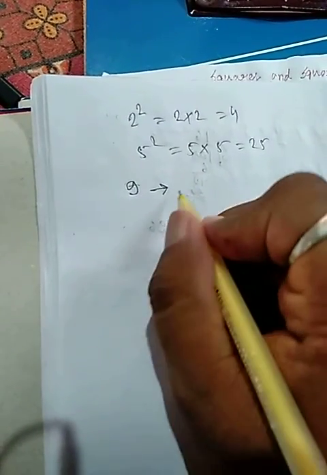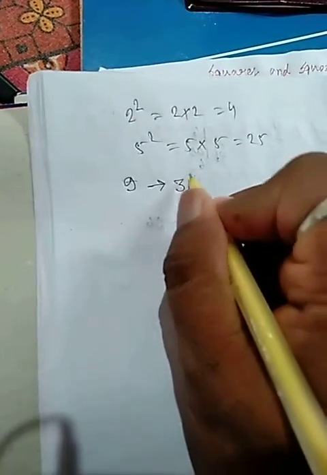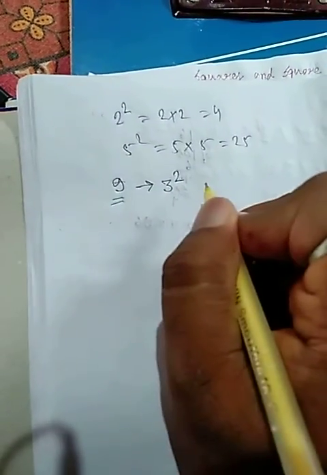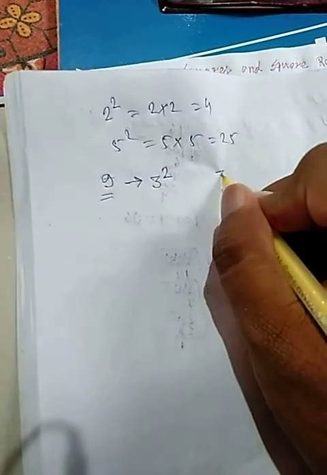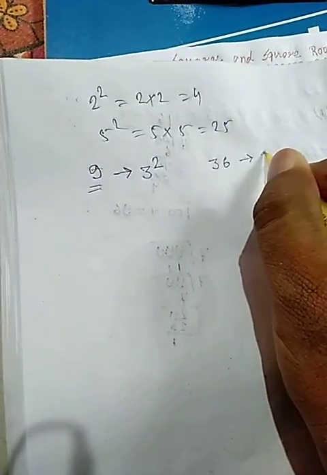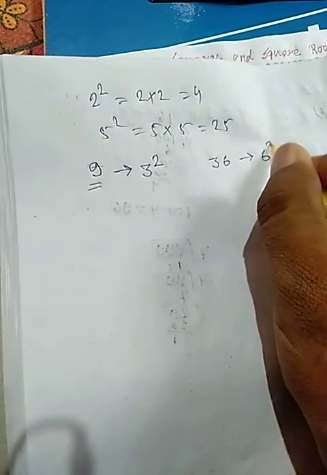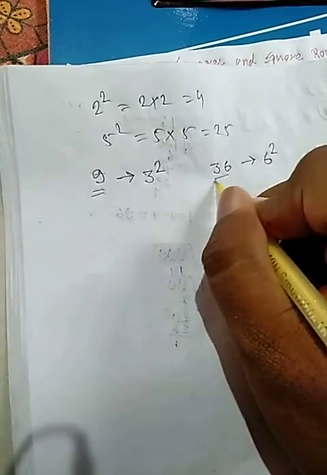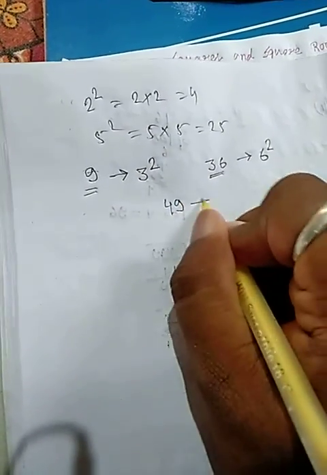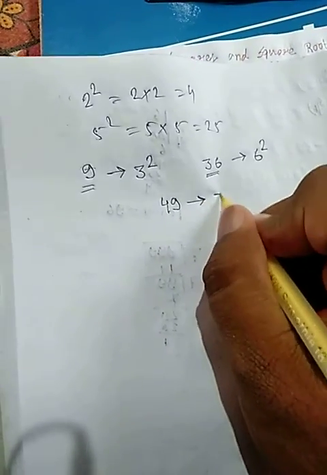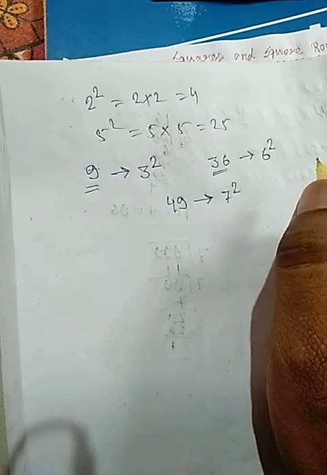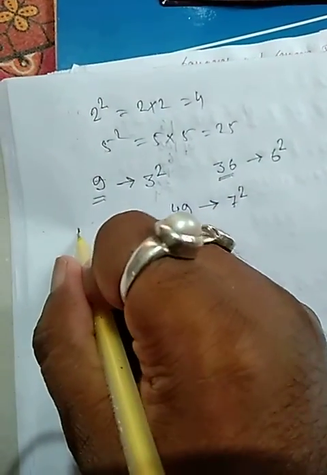That means 9 you can make as 3 square, clear, that means 9 is a perfect square. Suppose 36, you can make this number as 6 square, that means 36 is a perfect square. Suppose 49, you can write this number as 7 square, that means 49 is a perfect square, clear. Suppose I am given 5.